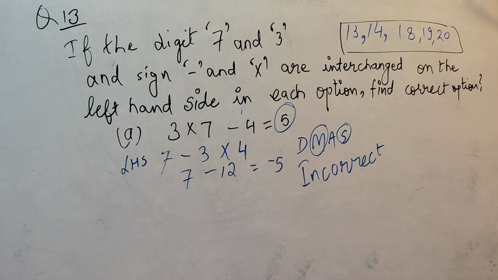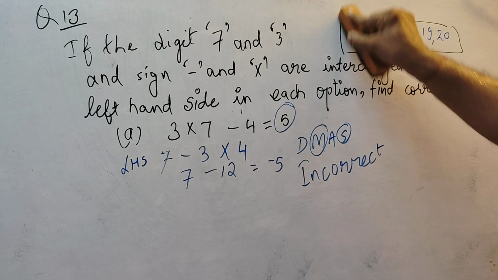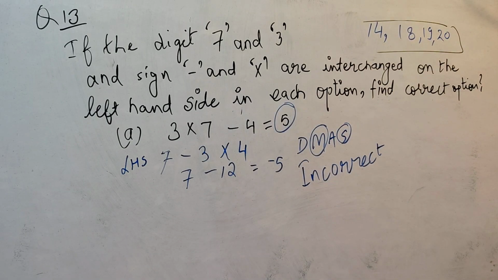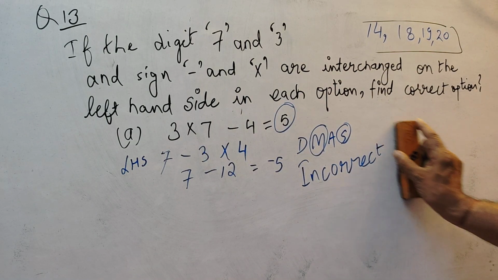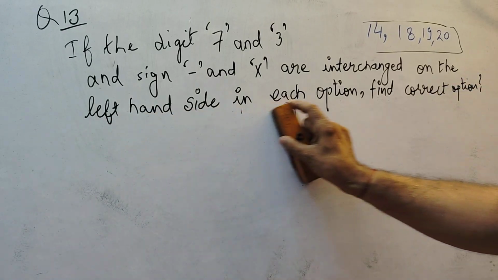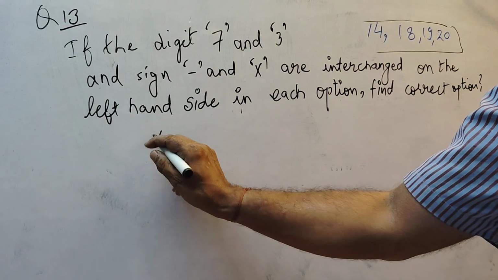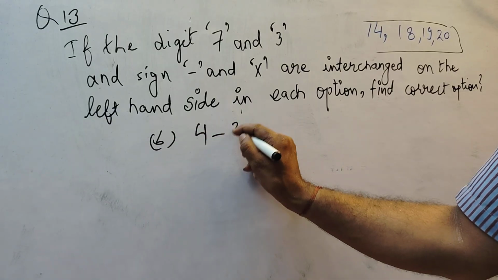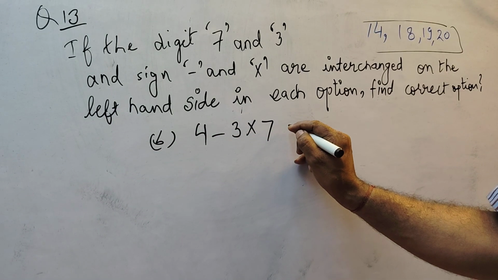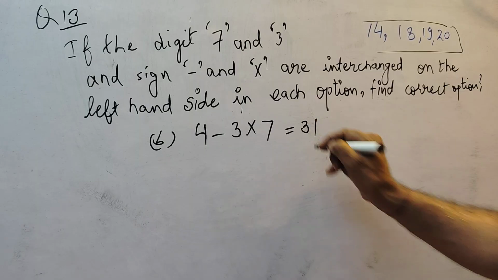Now come to B option. B option is 4 minus 3 multiply 7 is equal to 31.